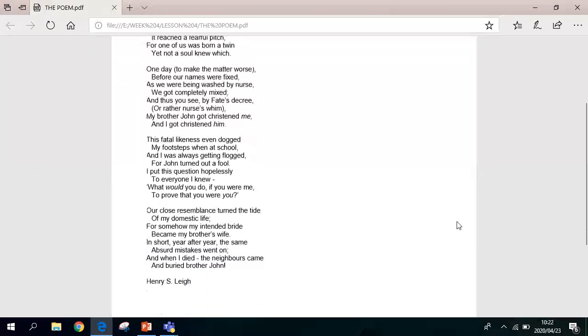This fatal likeness even dogged my footsteps when at school, and I was always getting flogged, for John turned out a fool. I put this question hopelessly to everyone I knew. What would you do if you were me? To prove that you were you. Our close resemblance turned the tide of my domestic life, for somehow my intended bride became my brother's wife. In short, year after year, the same absurd mistakes went on. And when I died, the neighbors came and buried Brother John.